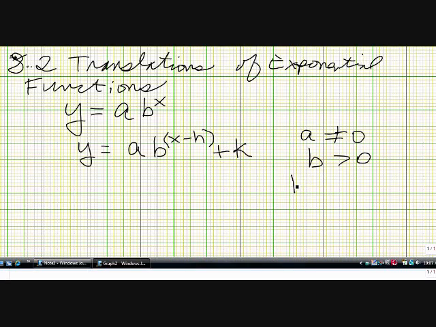So my h is my left-right shift. If I write x plus h, that's going to be a shift to the left.